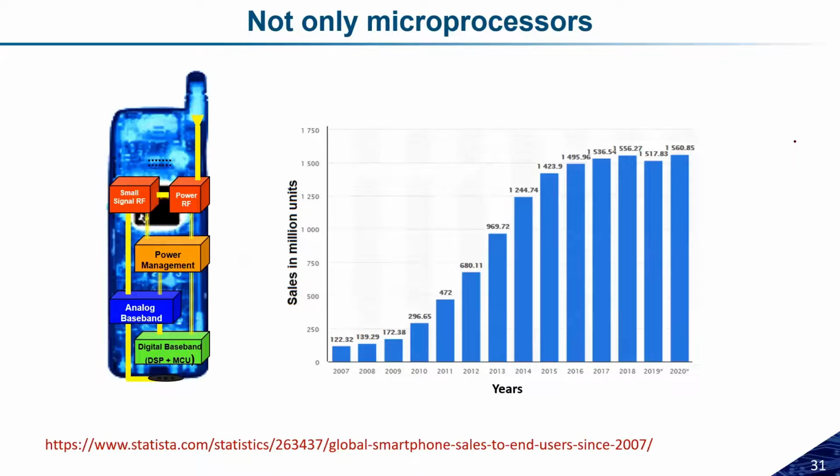If you see the market and the requirement of the semiconductor industry, every year the sales of electronic gadgets and processors are increasing day by day. In 2020, it was around 1516 million units of electronic processors sold.